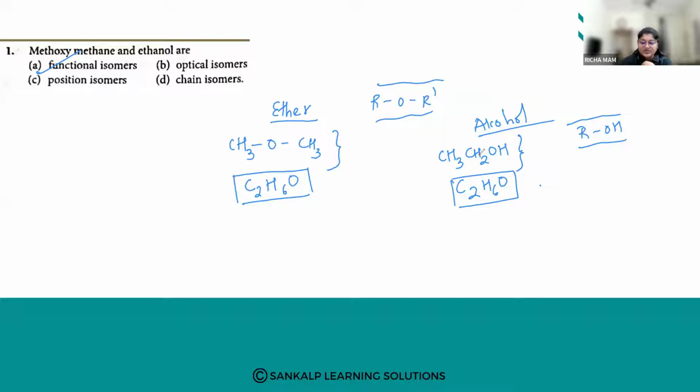In methoxymethane there is an ether linkage, and in ethanol there is an OH group, which means alcohol. So they are functional isomers of each other, so it is option A. I hope this is clear. Next question: the IUPAC name for tertiary butyl iodide is.